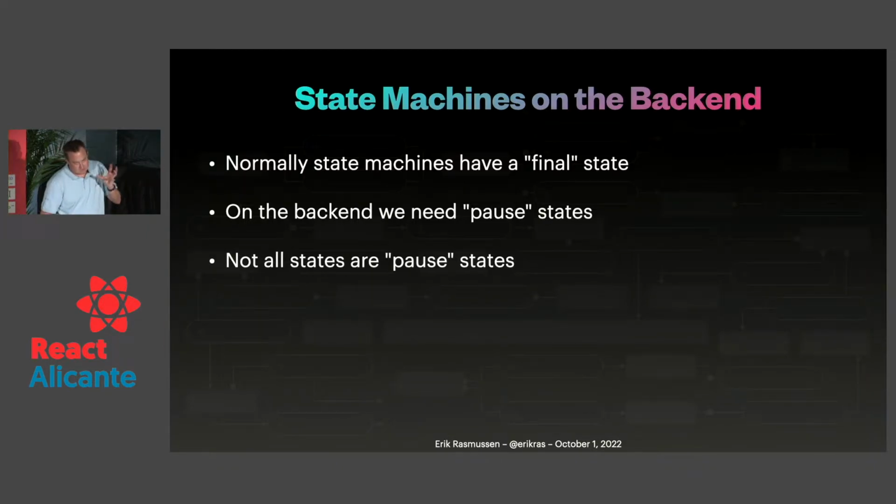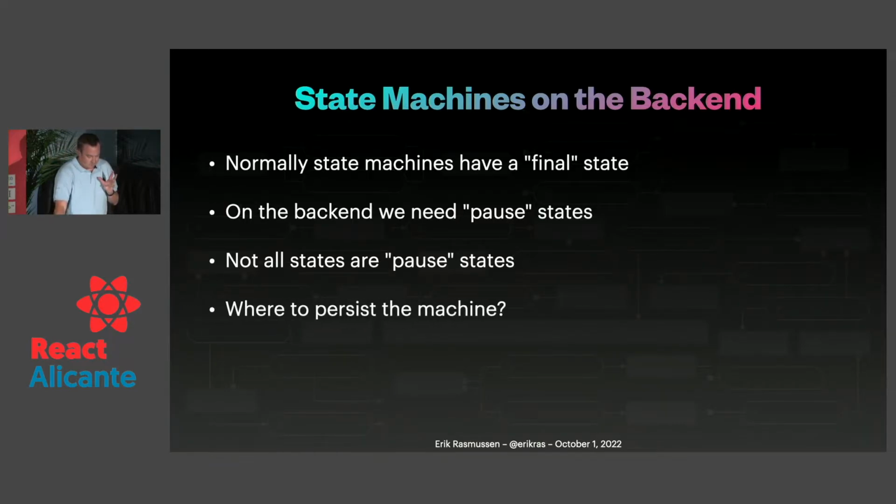And not all states are pause states, because sometimes you might want to transition to a state where you are waiting for some fetch to come back from another service, and then maybe you go to another state, and then you need to talk to Stripe or whatever. And then finally you get to a state that you've marked as a pause state, and only then do you give the response back to the user.